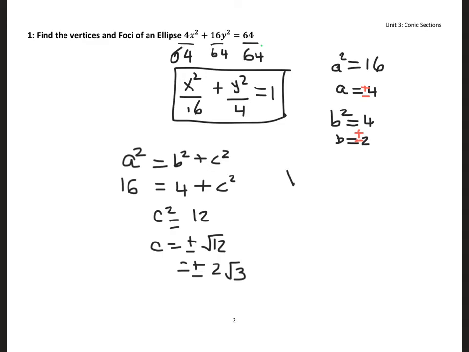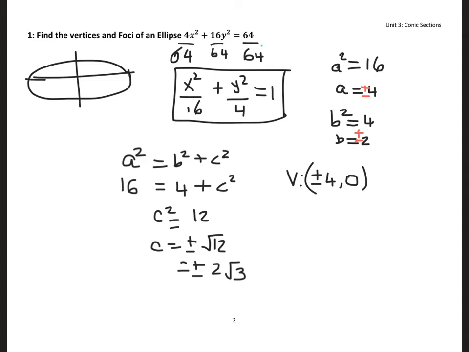Find the vertices. I'll use V for vertices. This ellipse's major axis is going to be over here on the x-axis, because it starts with the x-axis. So the vertices are going to be, and this is a, plus or minus 4, 0.